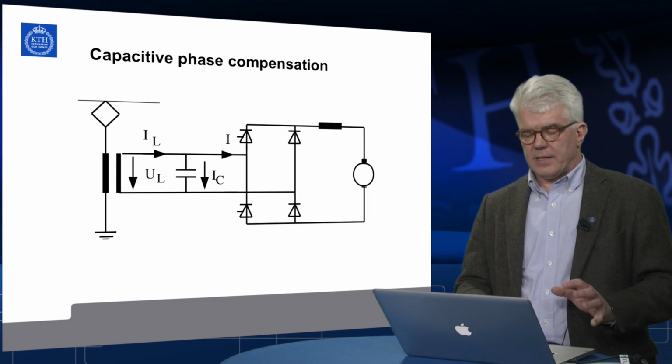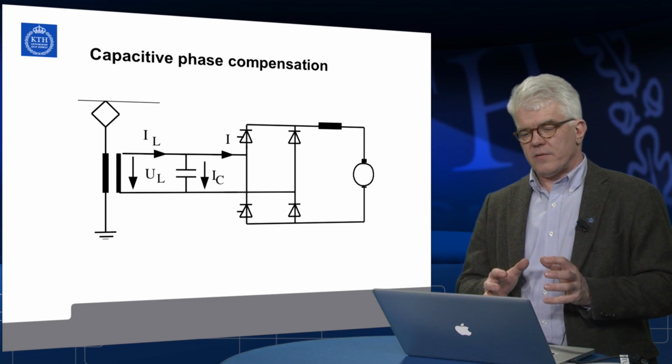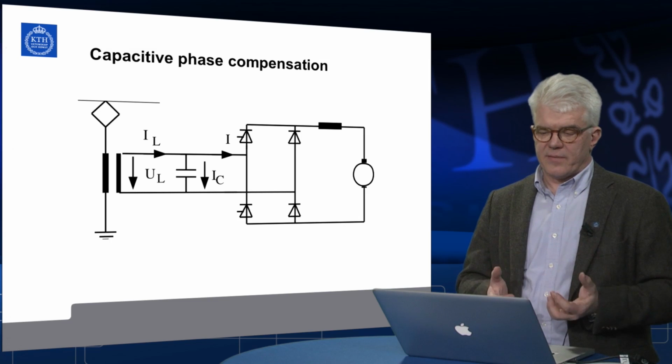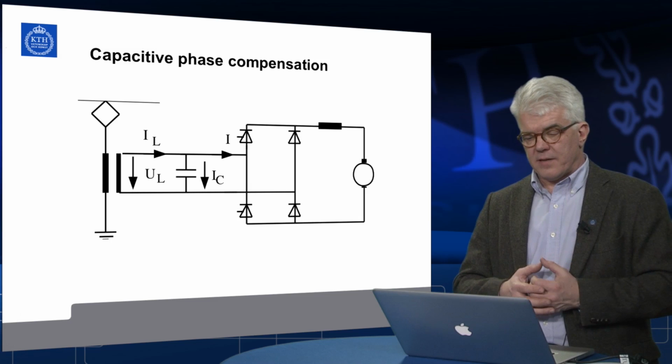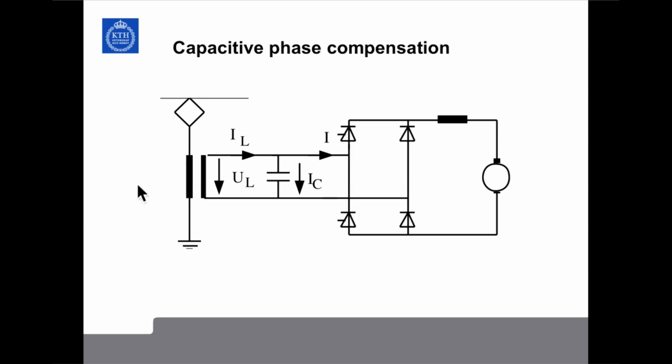That was the normal operation. If you want to improve the train a little bit, you can add a capacitive filter so that you compensate the consumption of reactive power by introducing a capacitor. This is used in 50 Hertz systems, for instance.